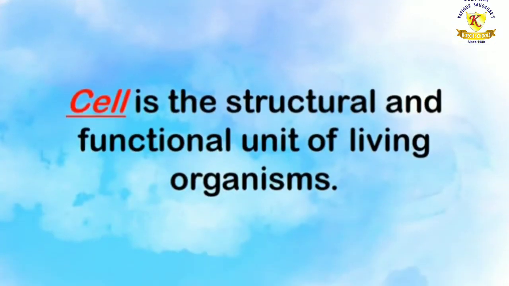Now, cell. Last year, we studied that the cell is the structural and functional unit of living organisms. We have been learning in our previous classes what cells are. So, children, can you tell me how many types of cells are found in living organisms?